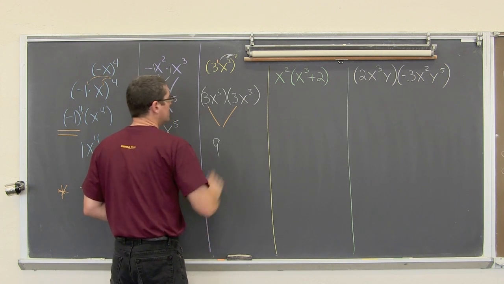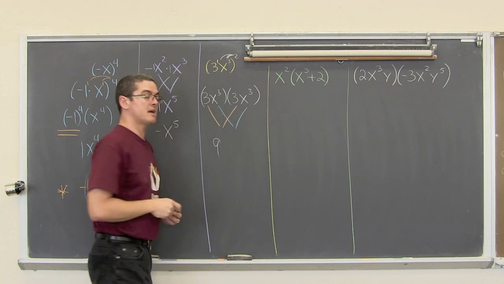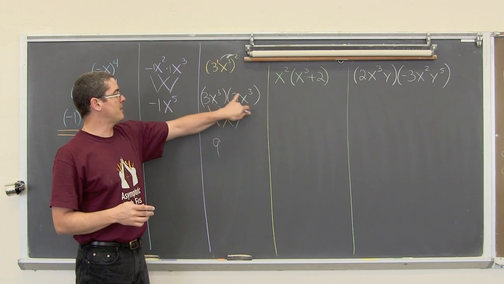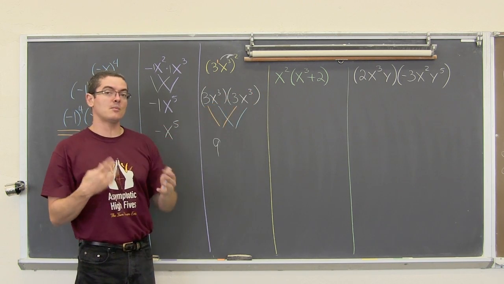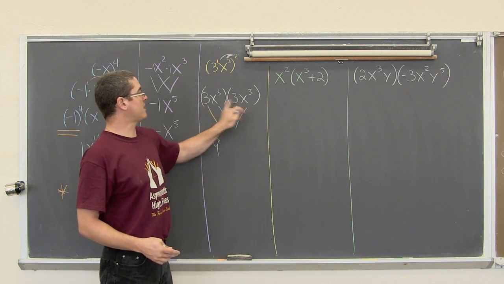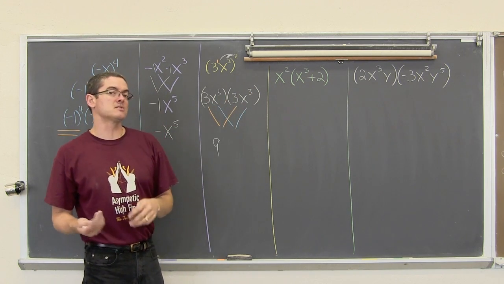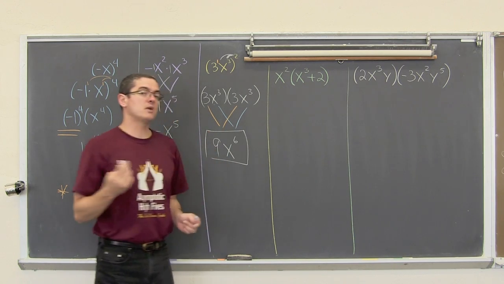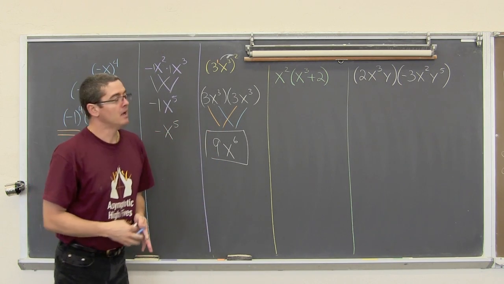And our x to the 3rd times x to the 3rd, when you multiply like bases, see what I've written now? The base is showing up twice, each time with its own exponent. When you multiply like bases, you add the exponents, and 3 plus 3 is equal to 6. Same answer we got before using the power property.